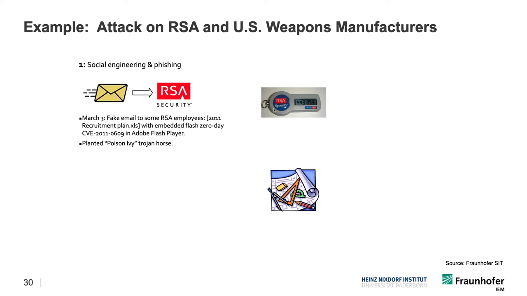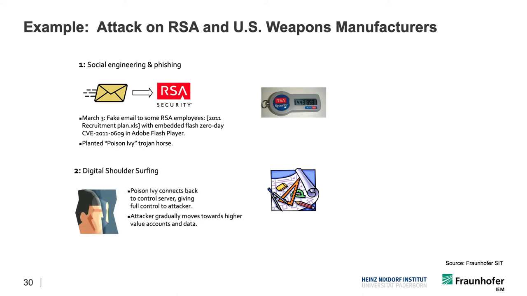I don't know why that would ever be a sensible feature, but back then, the feature existed. So these RSA employees were coerced to open an Excel spreadsheet that would itself open this Adobe Flash plugin and, through this vulnerability that you see here, inject the so-called Poison Ivy Trojan horse onto the machines of employees that work for RSA.